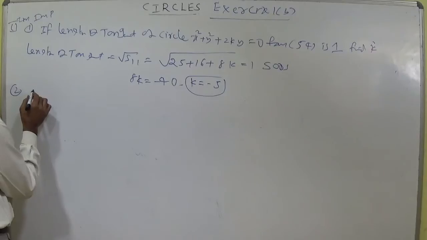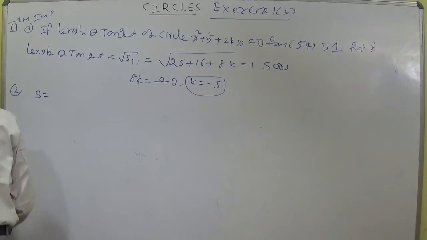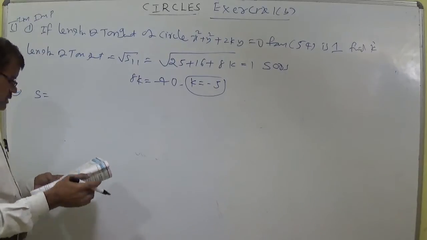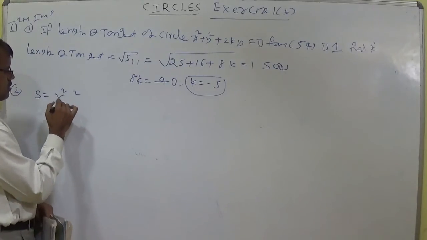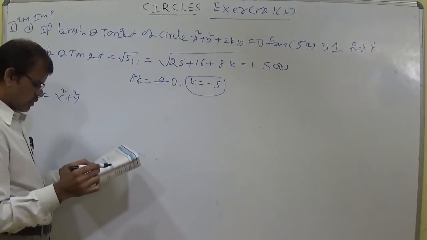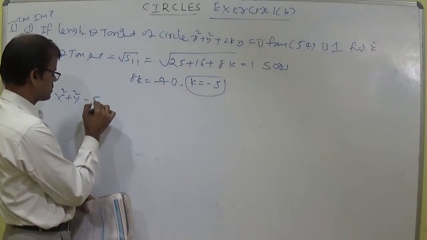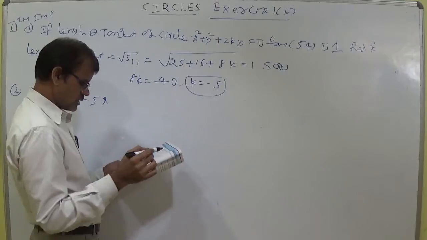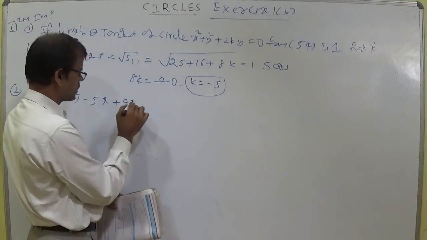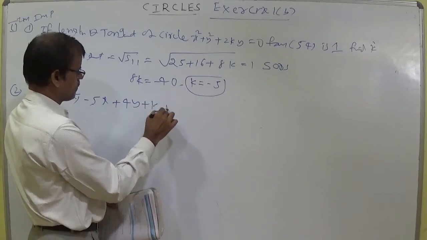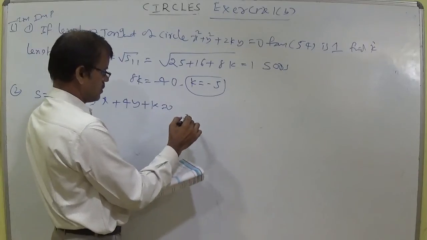Second question in the same model. The circle S is x square plus y square minus 5x plus 4y plus k equal to 0.